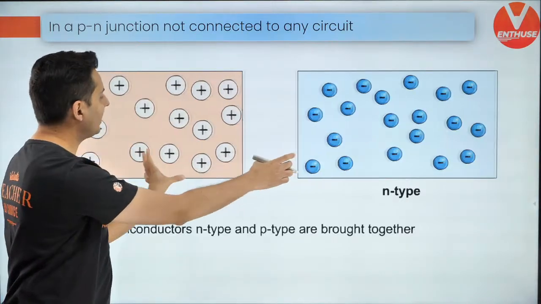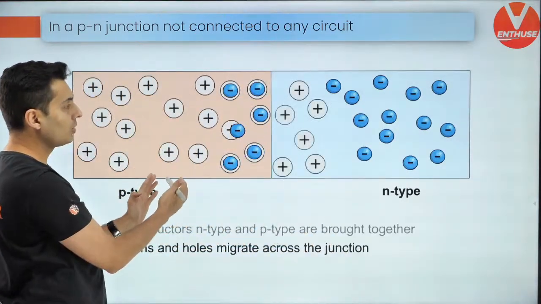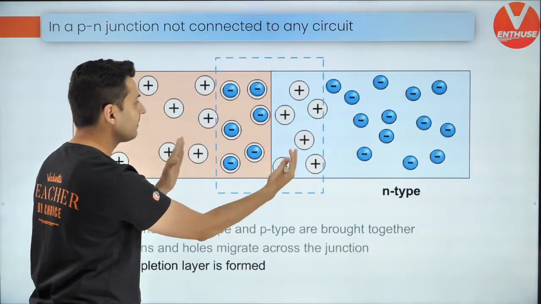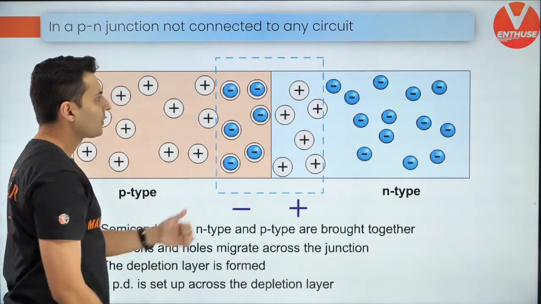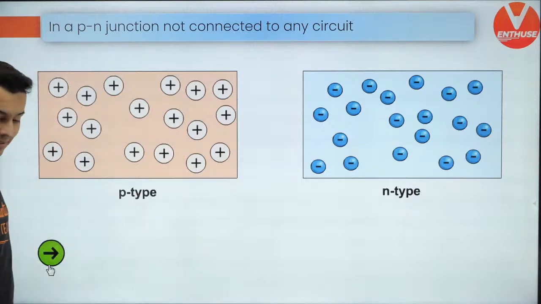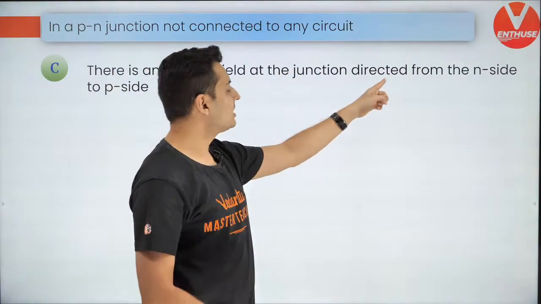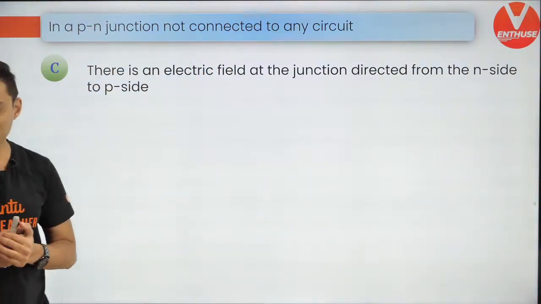The electrons from N type jump over to the holes, filling up the gap. This becomes positive, this becomes negative. So there is an electric field from the N type to the P type. Hence, the correct answer is there is an electric field at the junction from the N type to the P type. I hope this is clear.